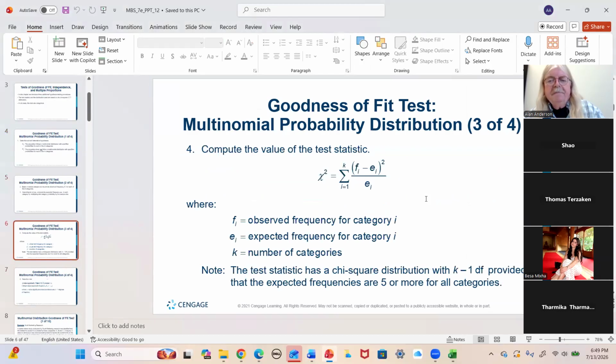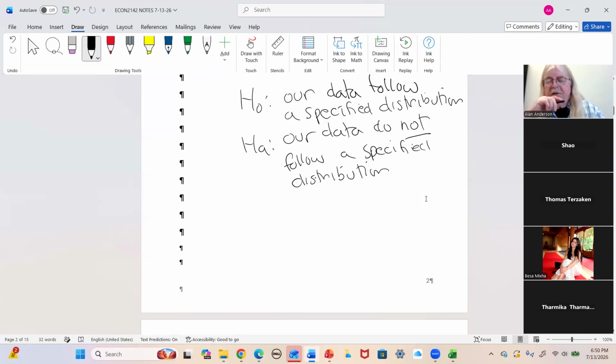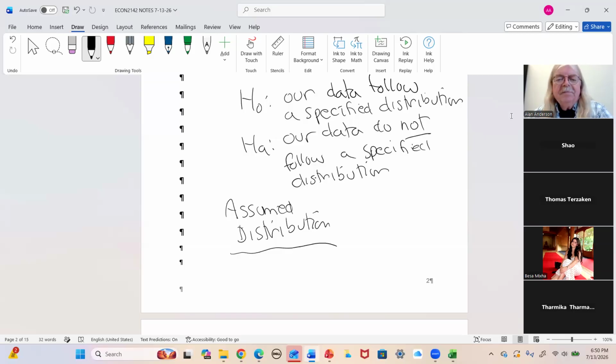Now, in order to construct our test statistic, what we're going to do is create two data sets. Let's say we keep doing something really simple. Let's say our assumed distribution, let's make it crazy simple.